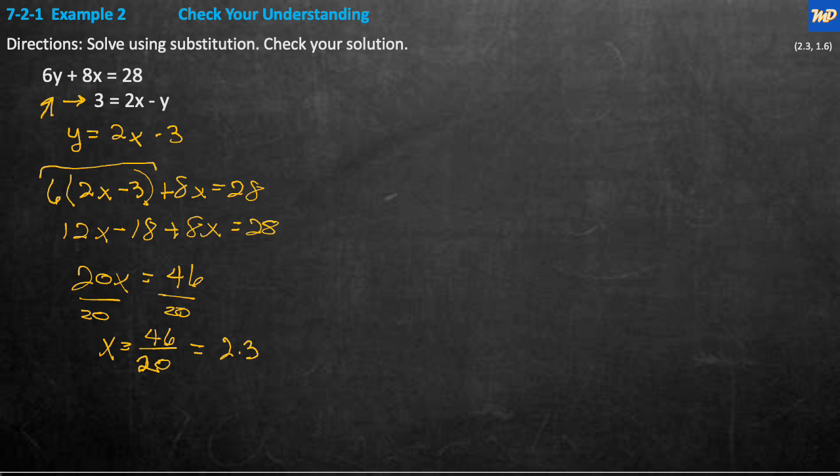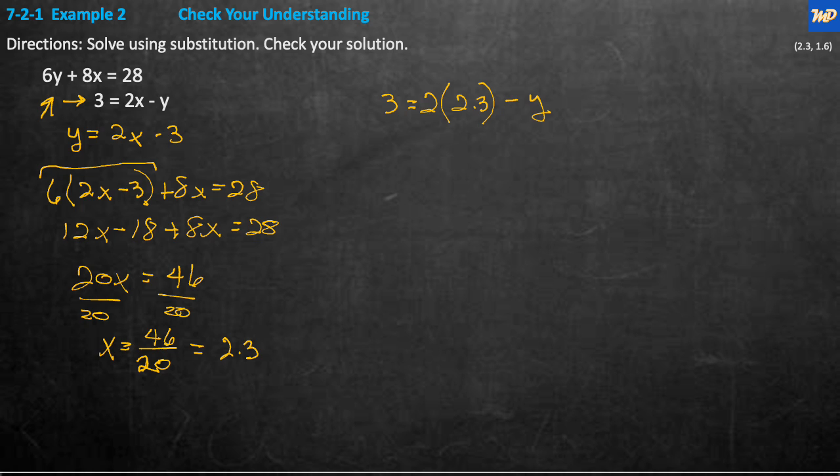Now we have to solve and get our y value. It doesn't really matter which equation you pick, but let's pick 3 equals 2x minus y, up at the top again. So 3 equals 2 times, and now we want to substitute our x value, 2.3, minus y.